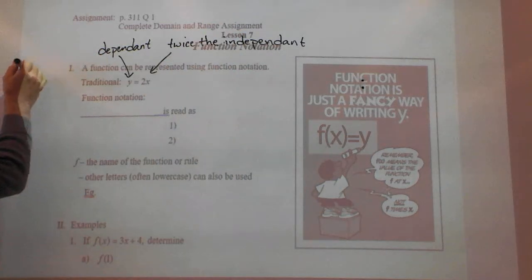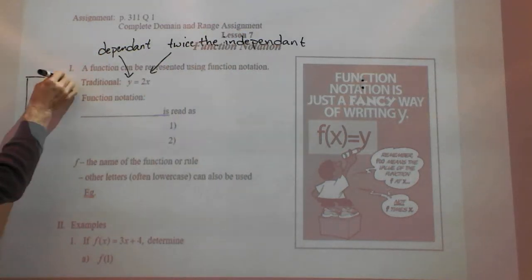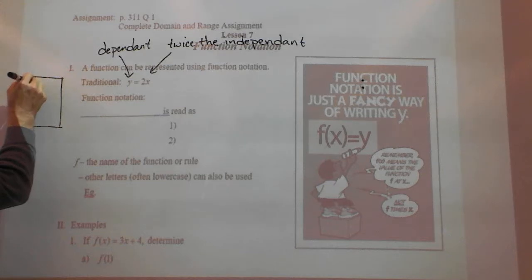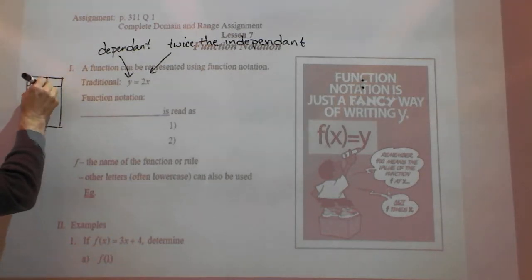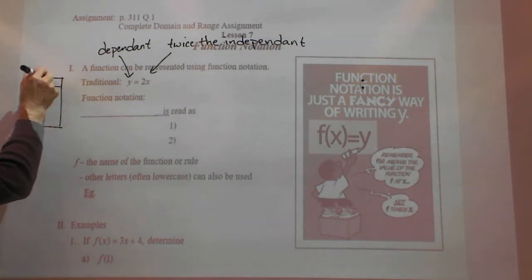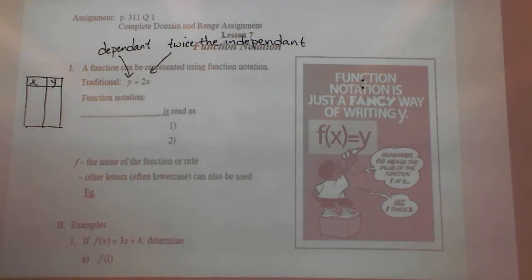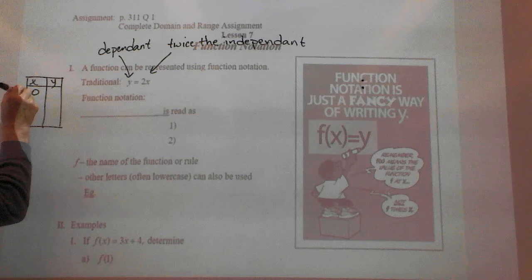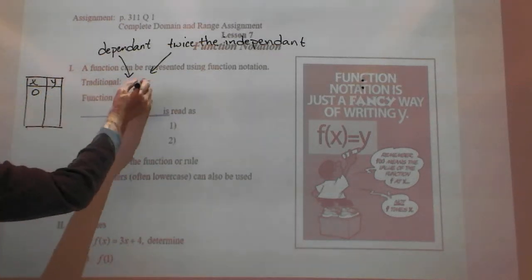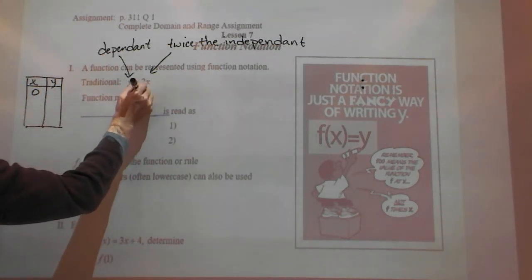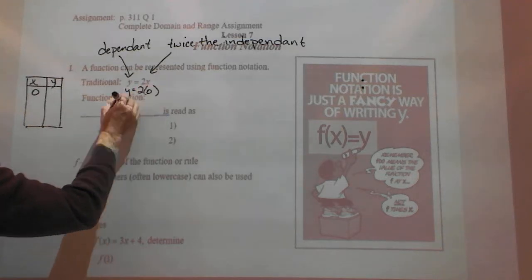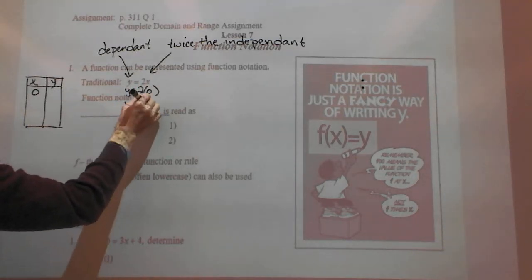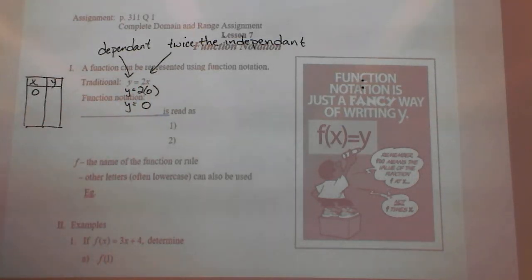So if we were to set up a table of values, and I'll do this really quickly, where we had values for x, remember the x is always on the left side, and values for y, then if I had an x value of 0, then my y value would be 2 times 0, or simply 0, right? 2 times 0 is 0.